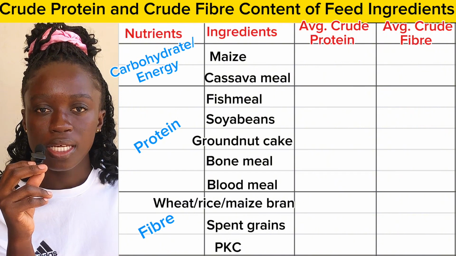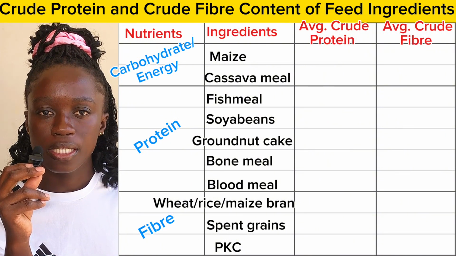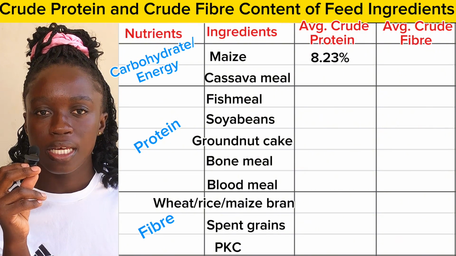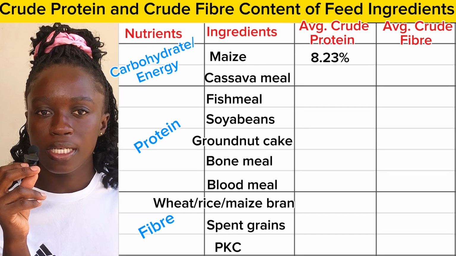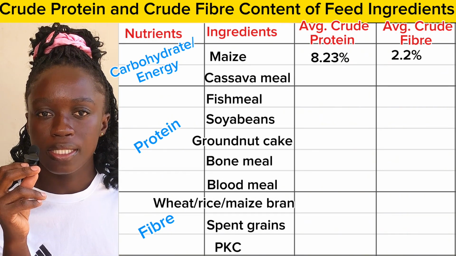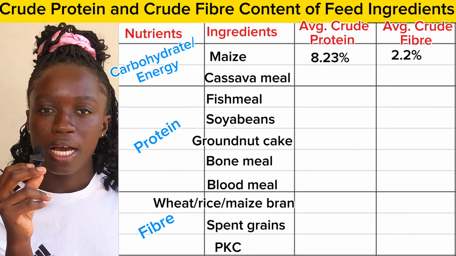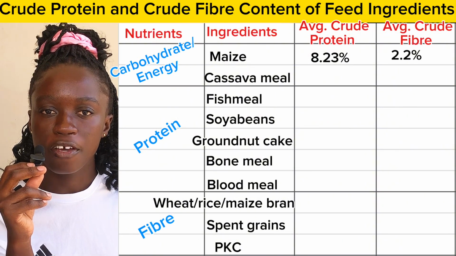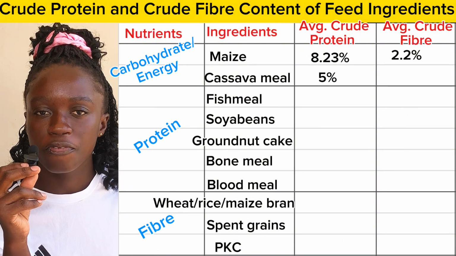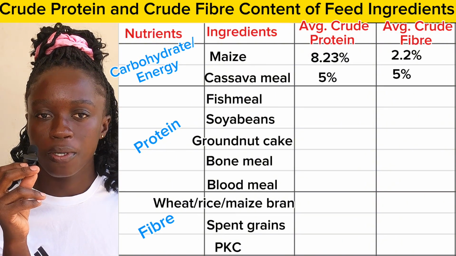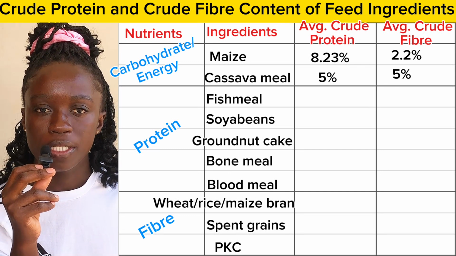So for maize, its average crude protein content is 8.23% and the average crude fiber content is 2.2%. For cassava meal, it has a crude protein content of 5% and an average crude fiber content of 5% as well. Now let's move on to our proteins.